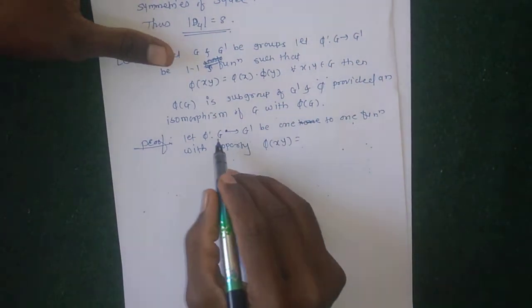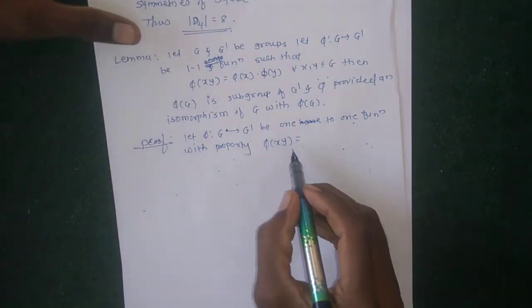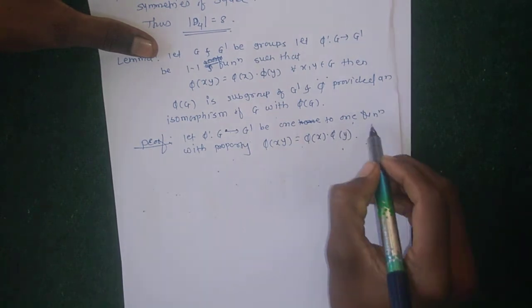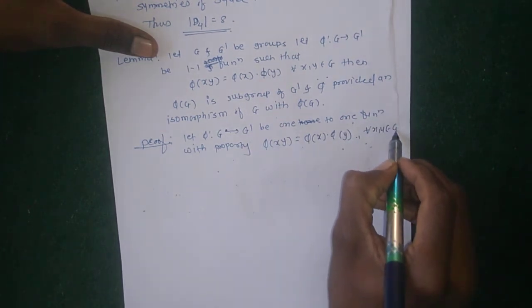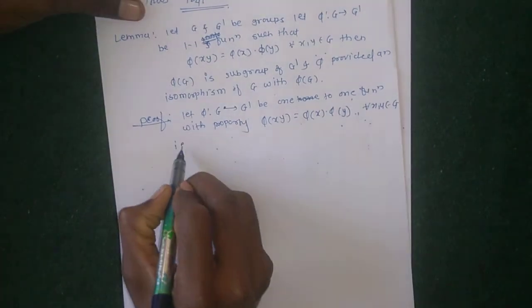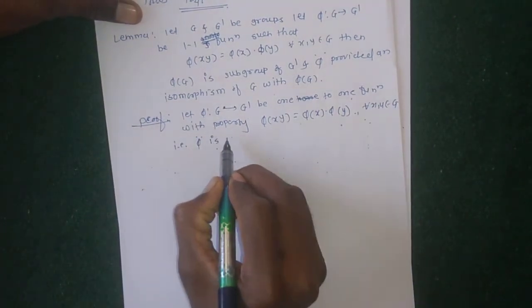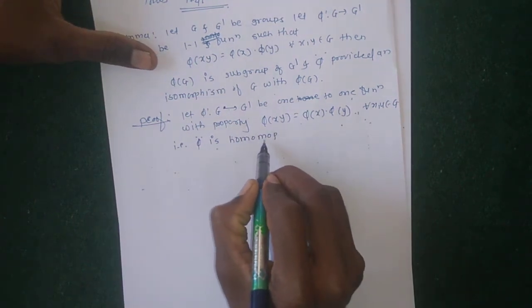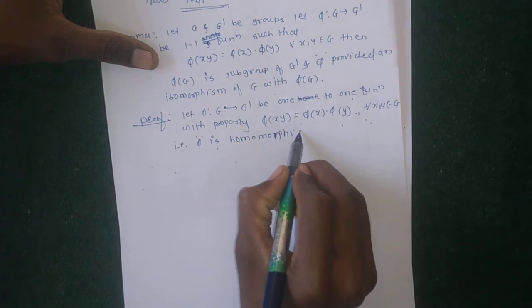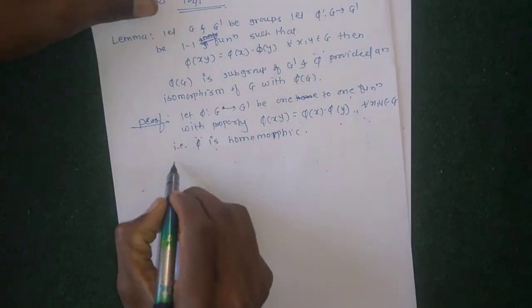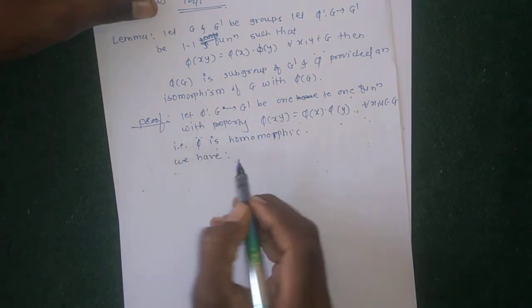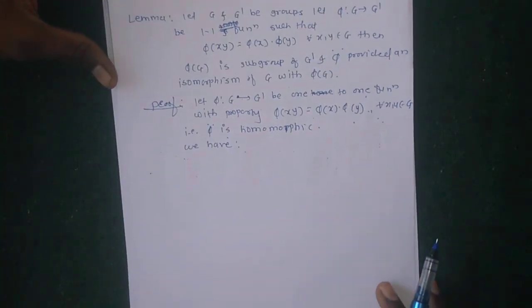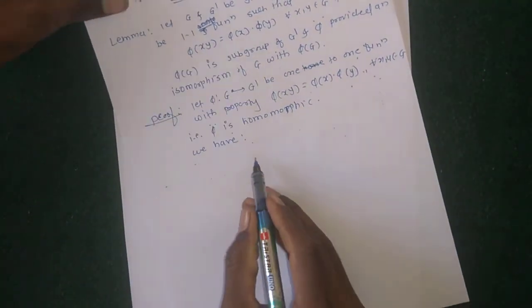So phi from G to G' is a one-to-one function with the property that phi of xy equals phi of x into phi of y for all x, y belonging to G. That is, phi is a homomorphism. Here we have to show that phi of G is a subgroup of G'.